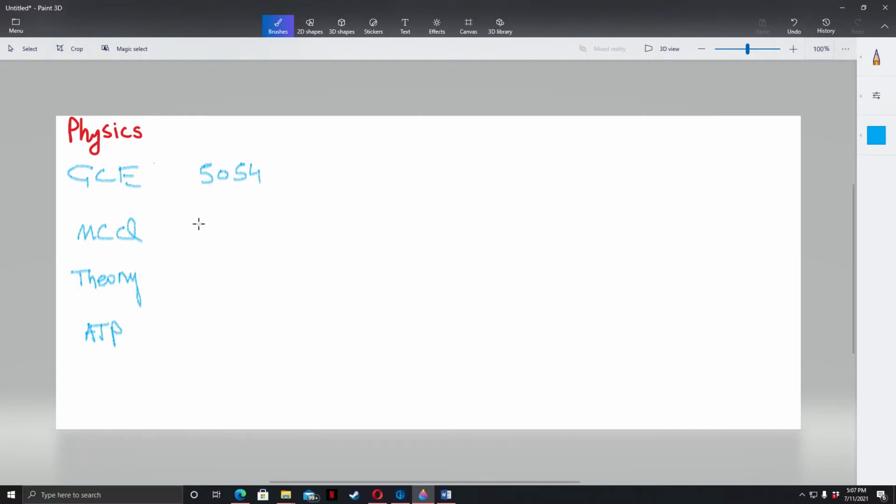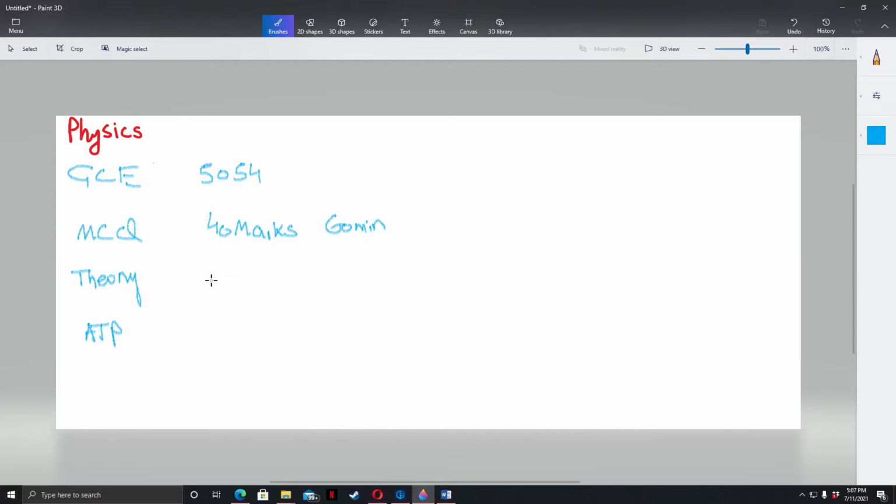The MCQ consists of 40 marks, and the time given for you to solve is 60 minutes. It's plenty of time.